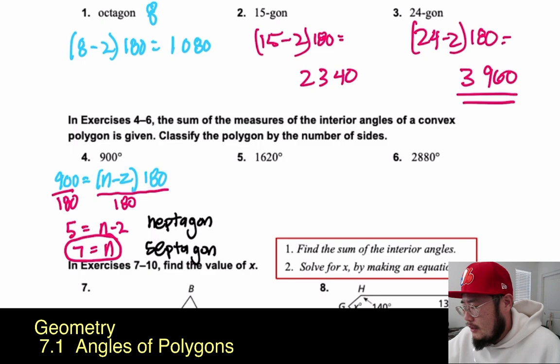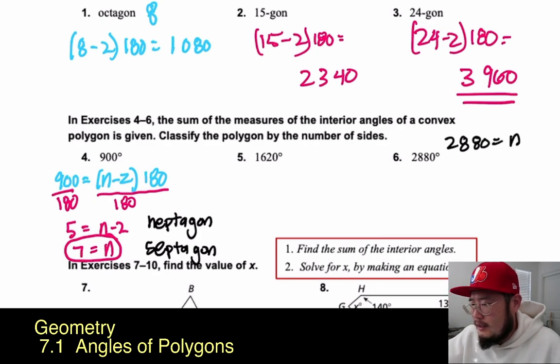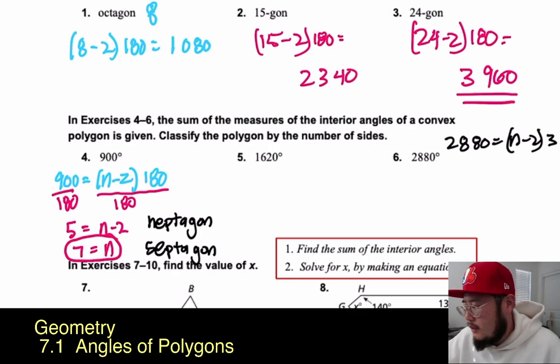Since they gave us the sum of the interior angles, we'll take that 2,880 and set that equal to n minus 2 times 180. And we will repeat this process.